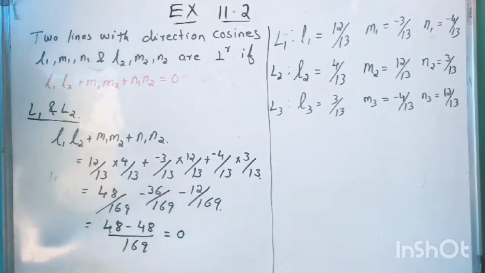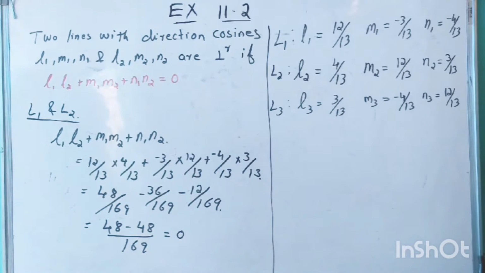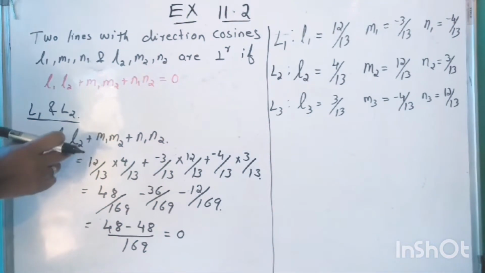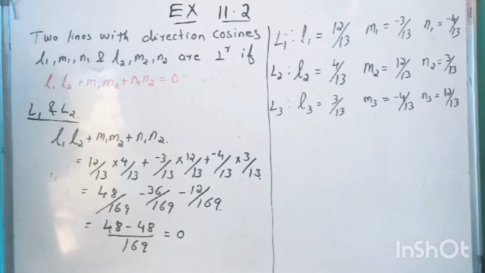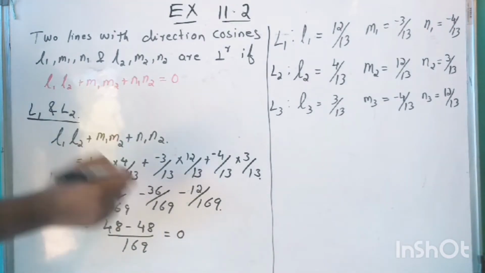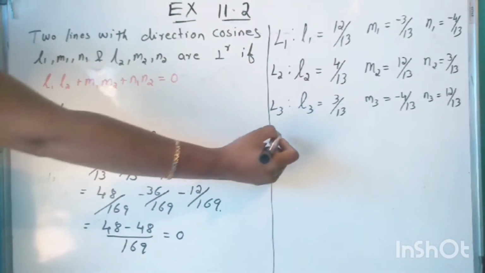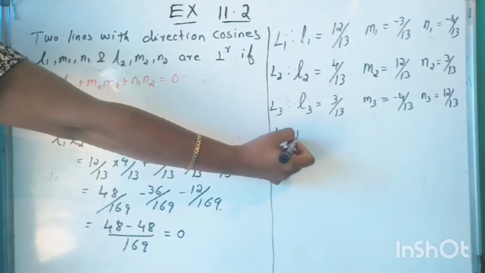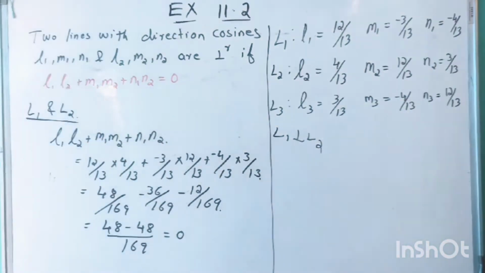This is equal to 0. That means in the case of L1 and L2, we got L1 L2 plus M1 M2 plus N1 N2 equal to 0. This implies L1 is perpendicular to L2.